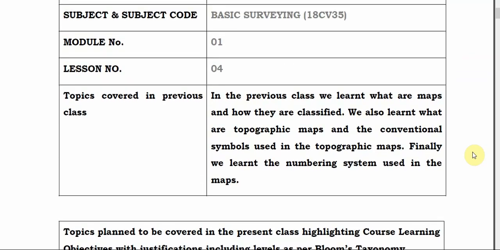Now, before we go ahead with this, we'll just revise what was taught in the previous lesson, or in the previous class.